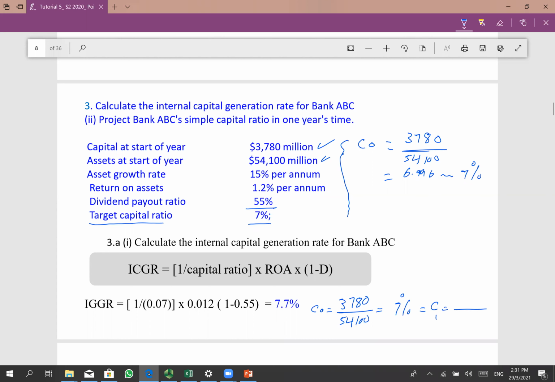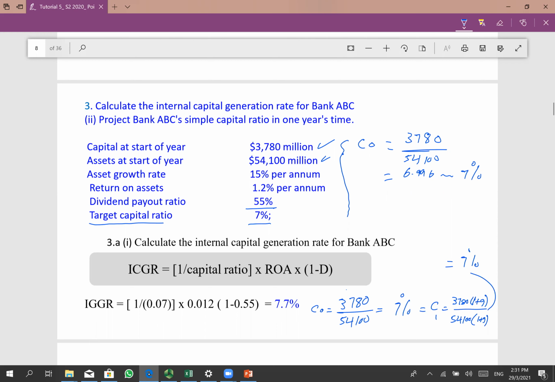Just give me the capital, which is this one, times its growth, plus the capital with its target next year, or the asset times its growth next year. And you will continue with the 7%.